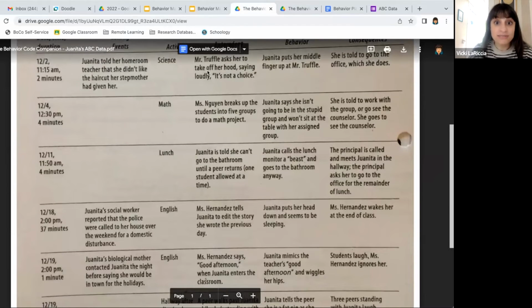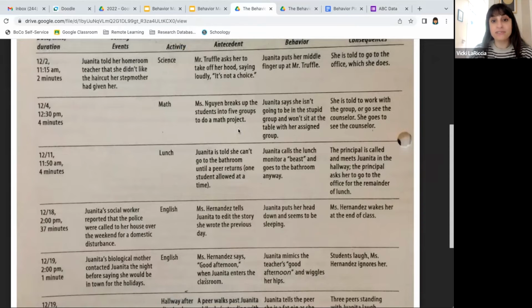The first one, told to take off the hood, that's 1. The second one, the teacher breaks the students into groups to do a math project. That's a second demand. Third one, she's told she can't go to the bathroom. That's a demand. The fourth one is a demand because she has to edit her story.